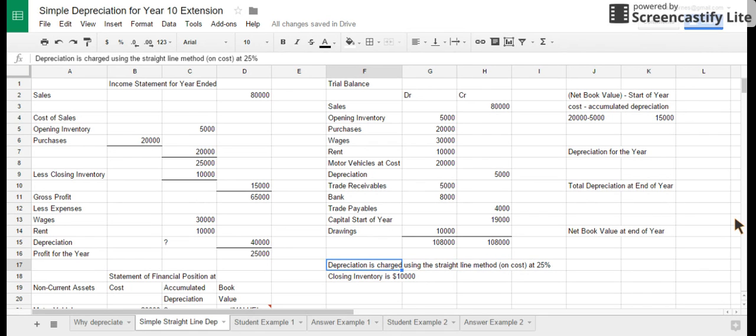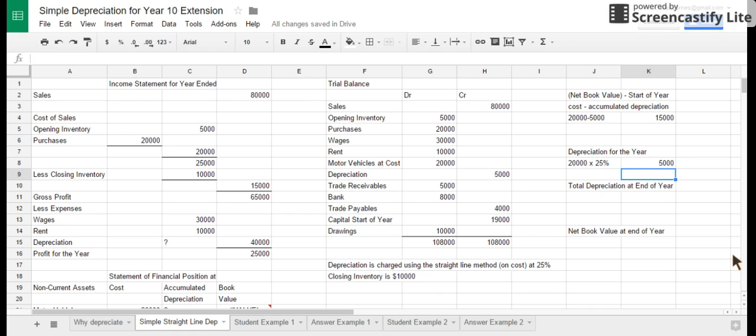What we need to do is find 25% of 20,000, and that's going to be the additional depreciation added in for this year. So 20,000 multiplied by 25% is 5,000 extra depreciation for the year.